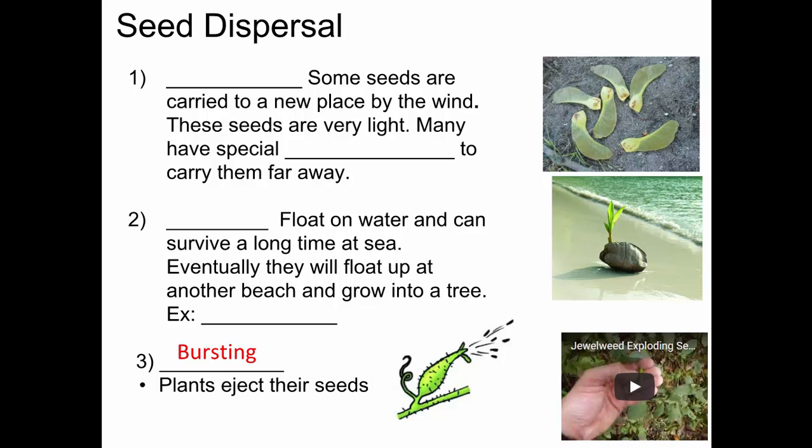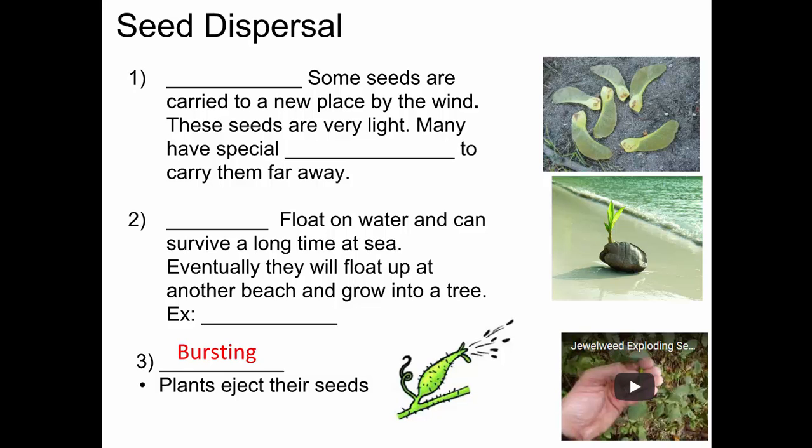All right, so it's important in plants for seeds to be dispersed. What would be the problem if a plant produced seeds and they just fall to the ground and start to grow? Why is that not great? Richard? Could be a giant cluster then, they would fight each other.